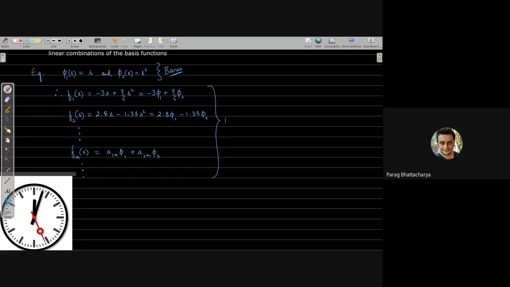So this is my linear vector space, which is spanned by the basis phi1, phi2. So my basis is phi1 and phi2, and this basis creates this linear vector space. This is the linear vector space which is spanned by this basis.